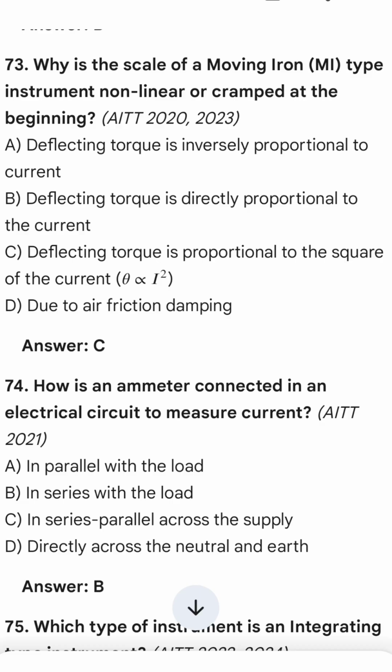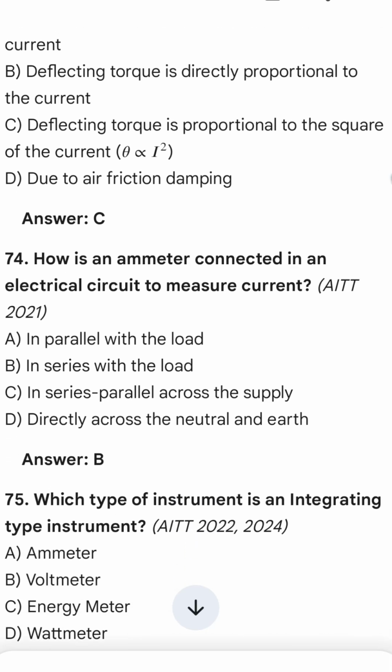Option B, deflecting torque is directly proportional to the current. Option C, deflecting torque is proportional to the square of the current, that is theta proportional to I square. Option D, due to air friction damping. Option C, deflecting torque is proportional to the square of the current is the correct answer.